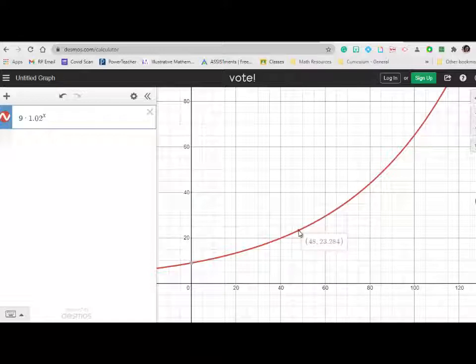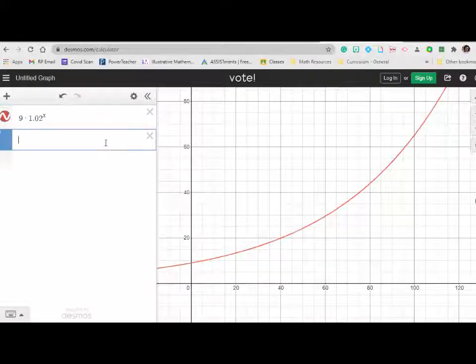So we're just going to keep on filling in all of these values all the way down. 23.284. And we'll find each of those values.